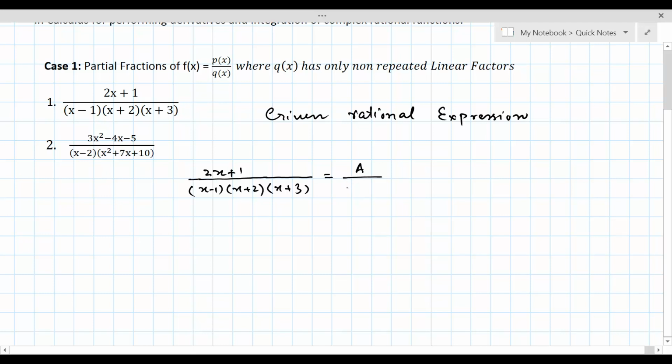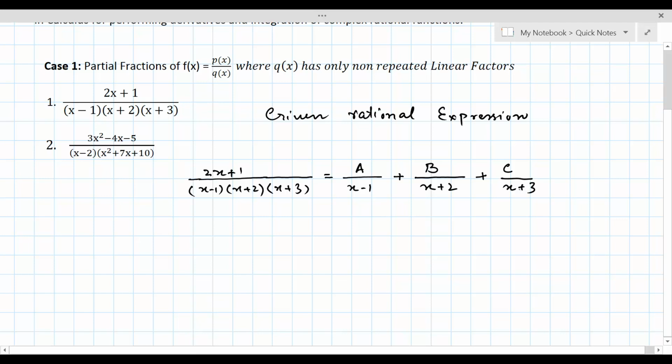so that we have A over x minus 1. A is a constant for the linear factor x minus 1, and similarly B is a constant for the linear factor x plus 2, and C is a constant for the linear factor x plus 3. So we are in fact converting a product to a sum.